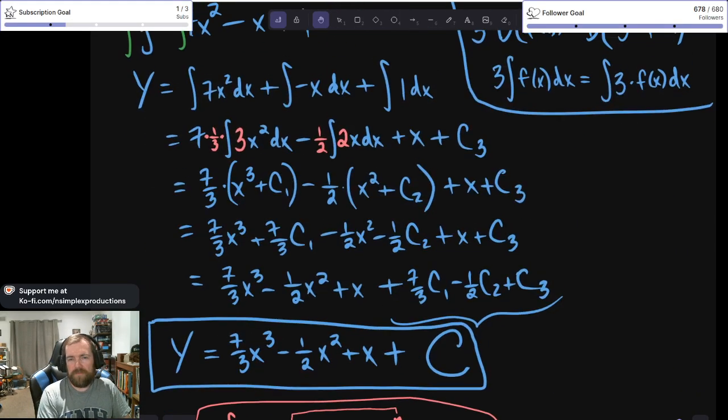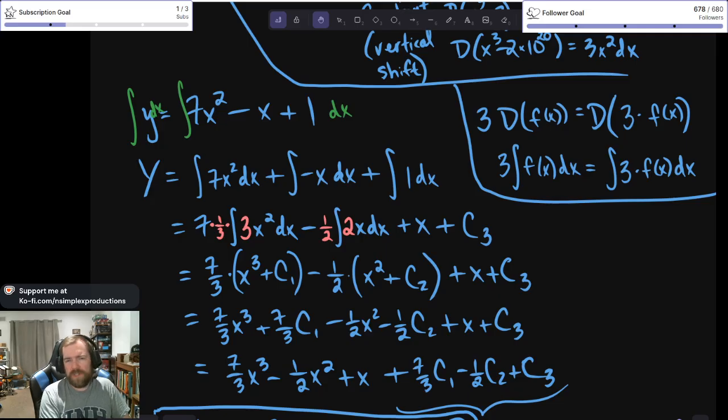So, like I said here with this polynomial stuff, we had, instead of 7x squared, we could make this look like 3x squared dx, and then take its antiderivative, which is just x cubed plus c. And again, our constants are all going to be weighted compared to what we need to multiply in order to change it into the thing we want.